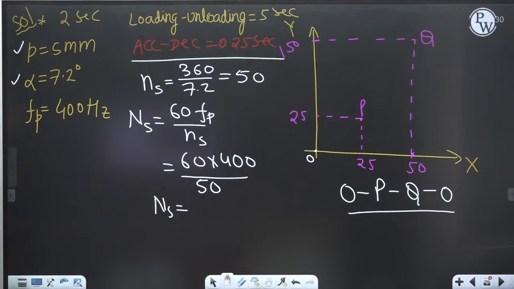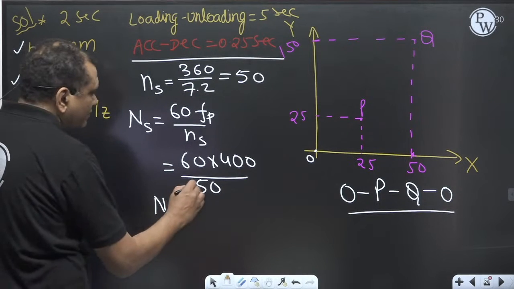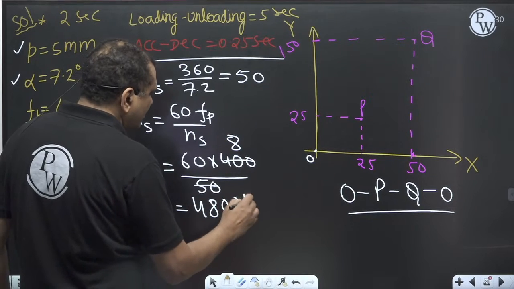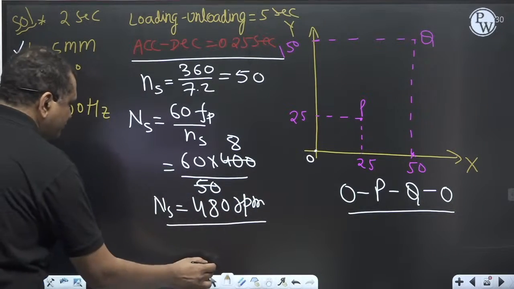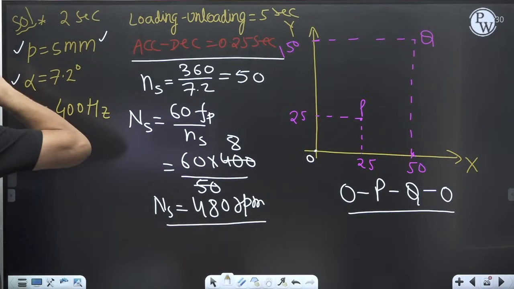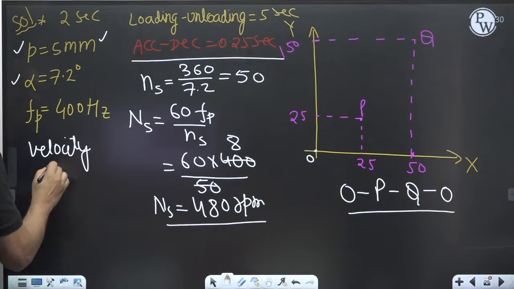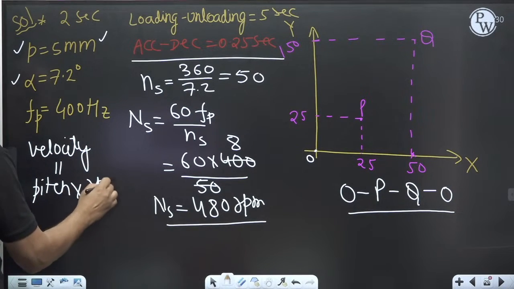So RPM, what is RPM? Now pitch is given to you, and you can calculate velocity. Velocity is nothing but pitch into RPM.